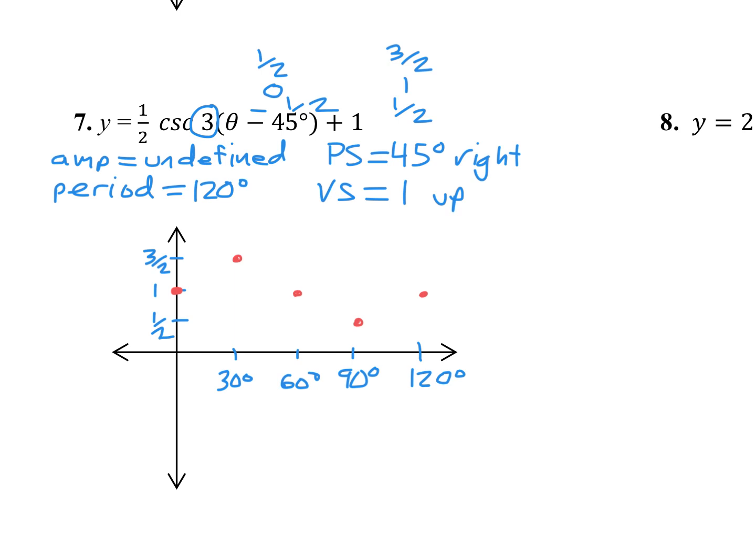All right, so cosecant has asymptotes when sine is at the middle level. But now we have to account for the 45-degree phase shift. So we don't have to cut these increments into thirds, we can get away with just cutting them in half on this one.